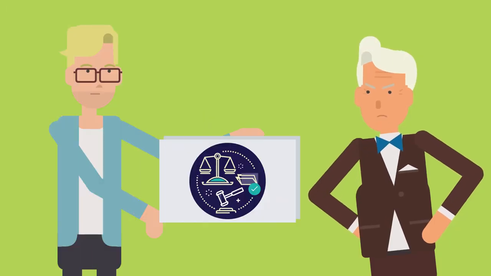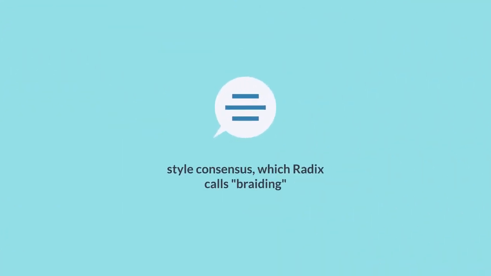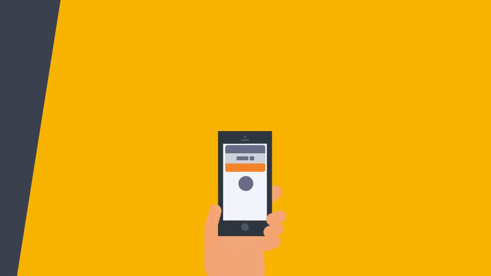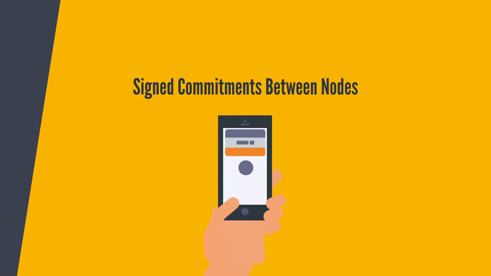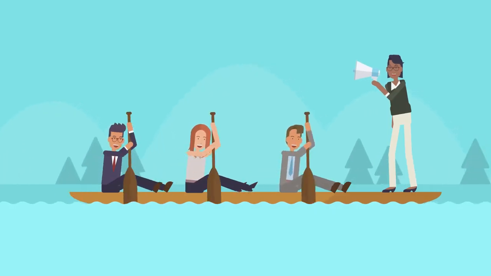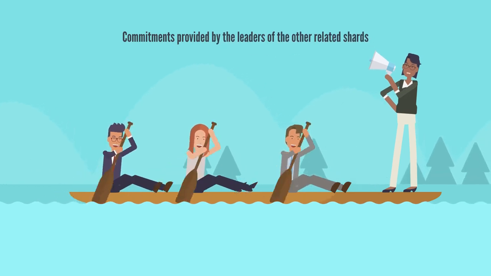The ability to identify only relevant shards enables Cerberus to employ a new form of BFT, which stands for Byzantine Fault Tolerant, style consensus, which Radix calls braiding. Typical BFT-style consensus mechanisms use 2 or 3 phases of signed commitments between nodes to finalize a transaction. Cerberus's braided consensus runs a single 3-phase BFT instance, called a 3-chain, within each shard, but braids these instances together with commitments provided by the leaders of the other related shards.